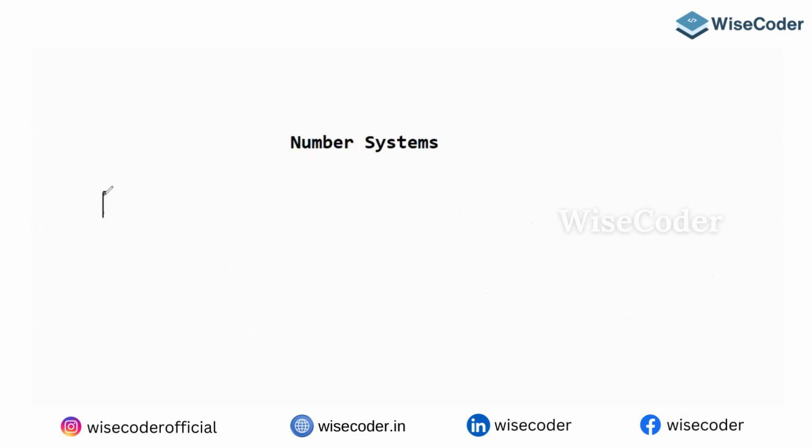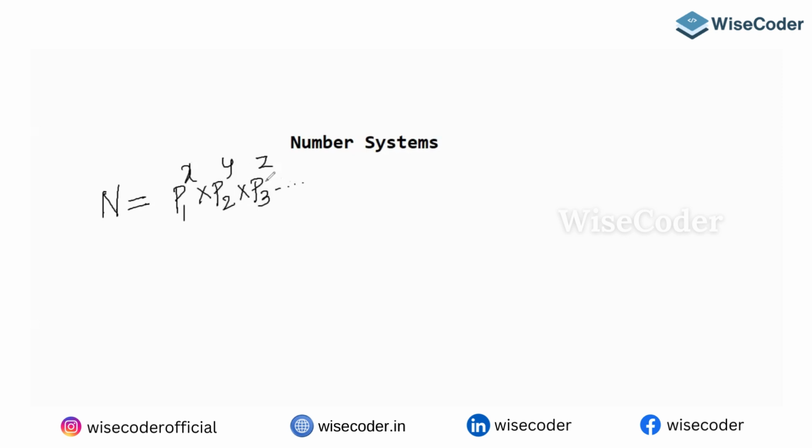Let's say your number is n. You have to write your number as a product of primes. So p1 power x into p2 power y into p3 power z and so on.